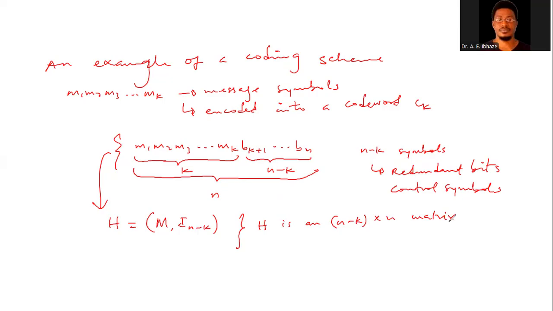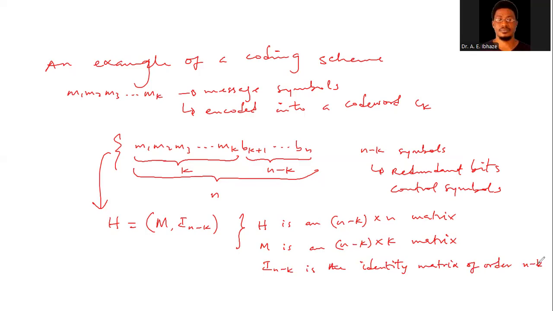So whatsoever we're getting must be elements in the finite field, okay? And then M is what we already know is an N minus K by K matrix, which is the message bit, and I sub N minus K is the identity matrix, where the diagonal have unit value, right? Identity matrix of order N minus K.